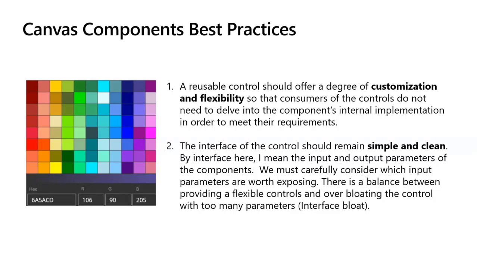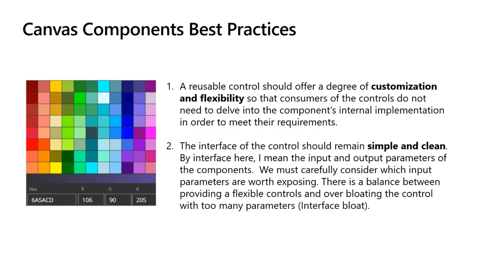At the same time, you want the interface of a component to remain simple and clean. If you're exposing every single property like color and border and hundreds of properties, it becomes hard to use the component. But if you don't expose enough of those properties, you might end up with a component that's hard to change.